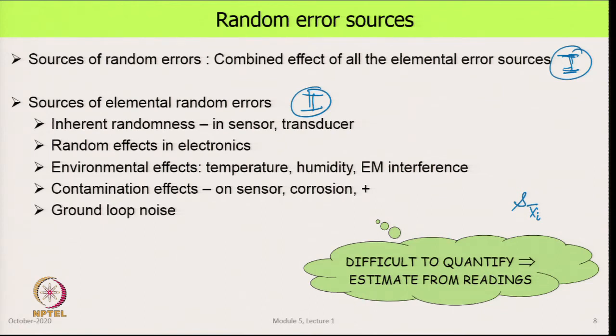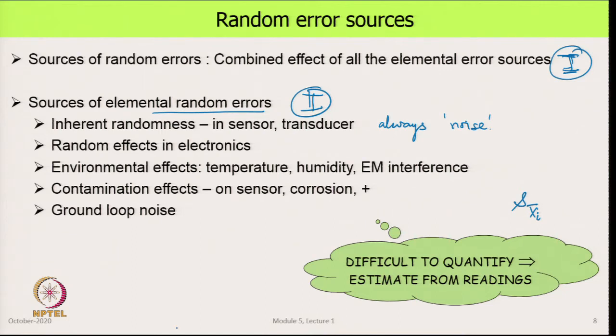we calculated based on different error sources, and the reasons why we have elemental random errors are that there could be inherent randomness in the sensor or transducer. This is always there. At some level, this is also referred to as noise.